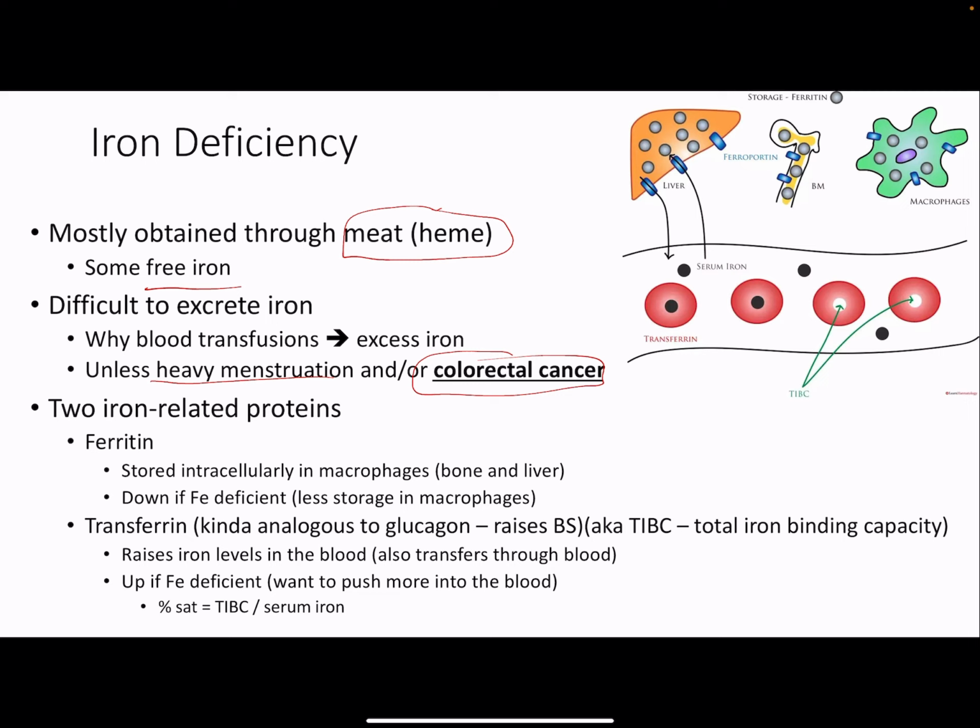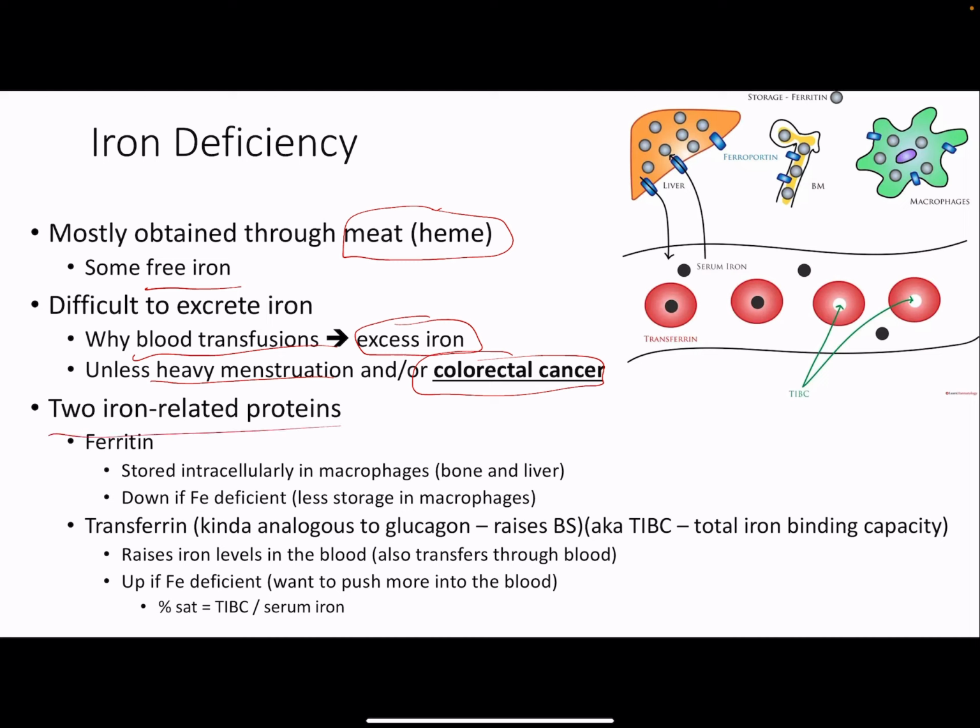And over time, the equilibrium is thrown off. You're excreting much more than you're taking in. And over the course of months or years, you become severely iron deficient. Colorectal cancer is particularly slow growing as far as cancers grow. And if you get blood transfusions, I mentioned this before, you might throw off this equilibrium in the other direction. You might have excess iron in this case.